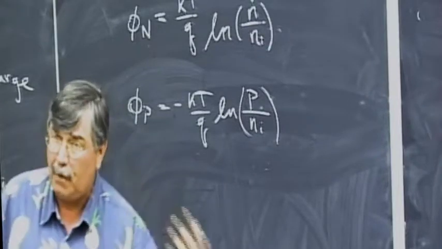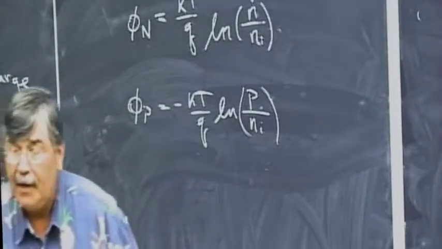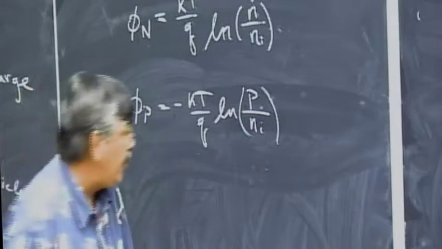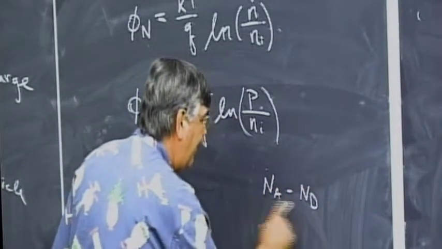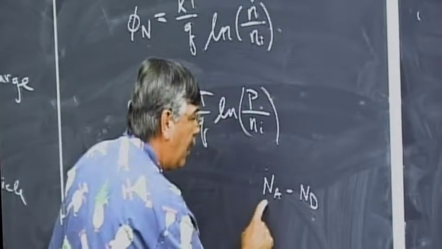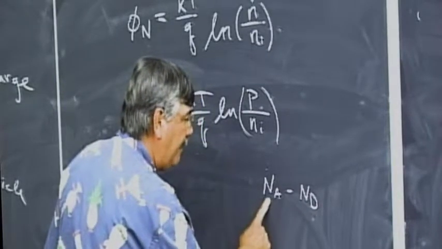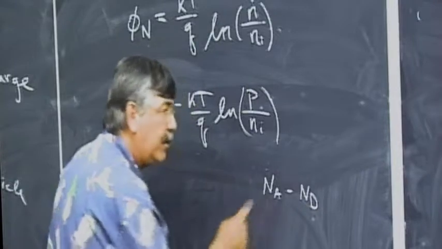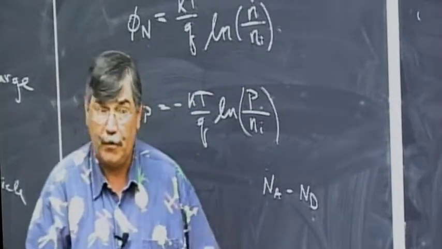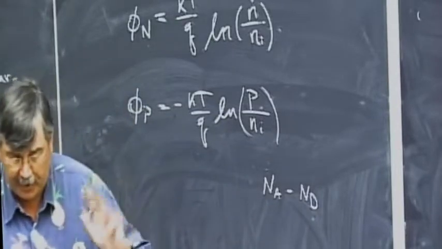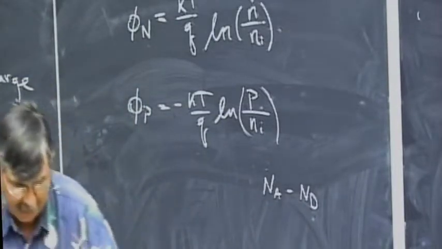By the way, if we have some of each, if we have Na minus Nd, and if Na is greater than Nd, then we'll call it p-type. And if Nd is greater than Na, we'll call it n-type, whichever is greater. When we have both, that's called compensated, but I think it's probably worth pointing out.